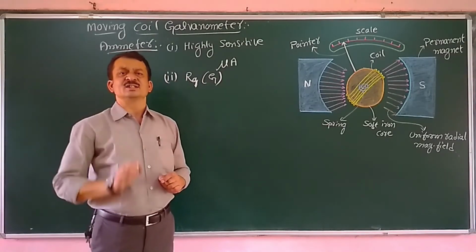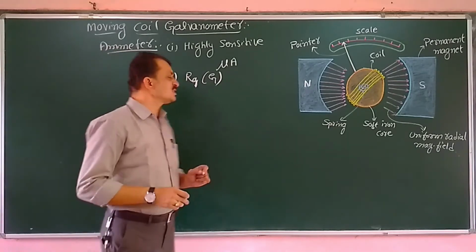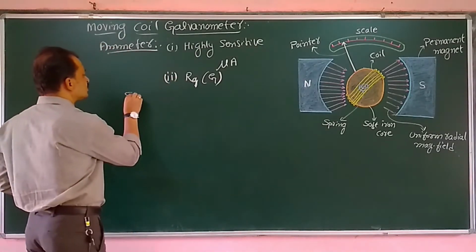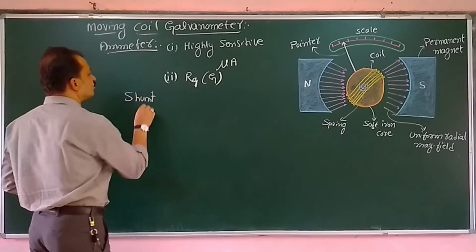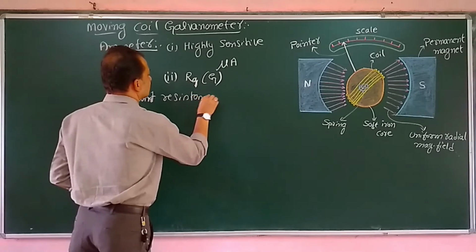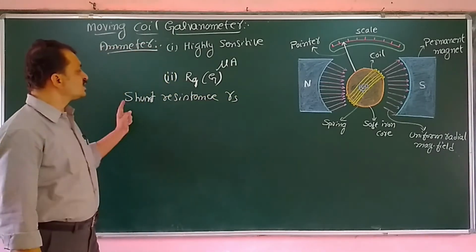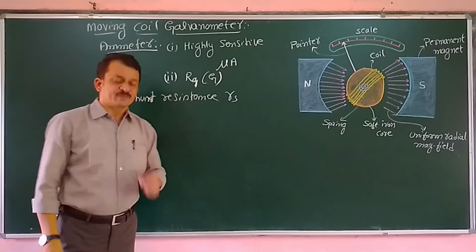That small resistance we are going to connect in parallel is called shunt resistance, Rs.